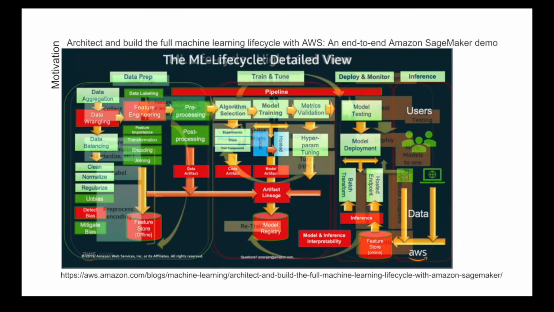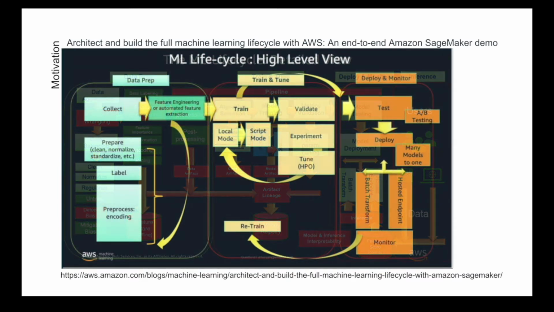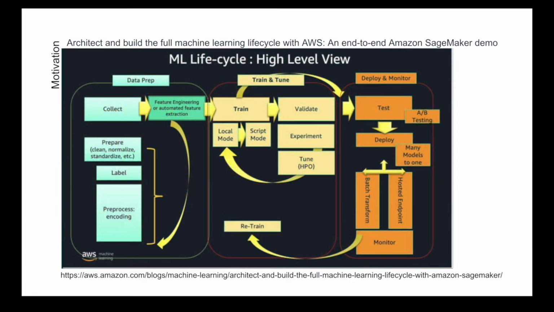This tutorial is motivated by this article from Amazon AWS. The article focused mainly on Amazon AWS machine learning services and the architecture of a machine learning pipeline created using Amazon SageMaker.